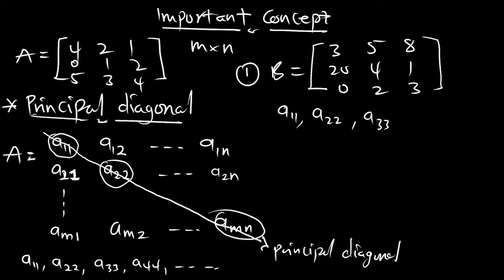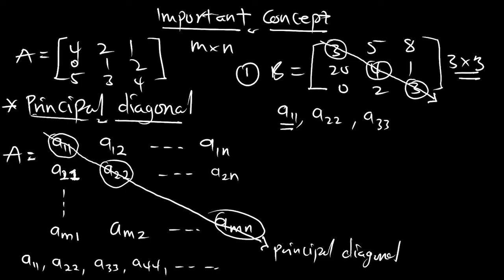First, let's see the order of this matrix. This is a 3-row by 3-column matrix, 3 by 3. So let's identify one by one. A11, this is A11. This element A22: second row, second column. Third row, third column. So this is the principal diagonal.